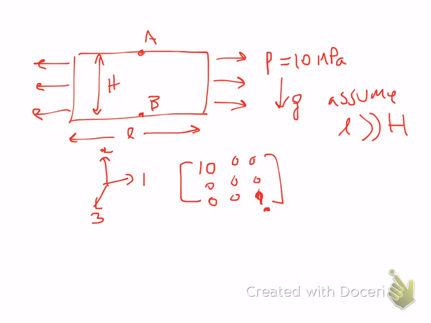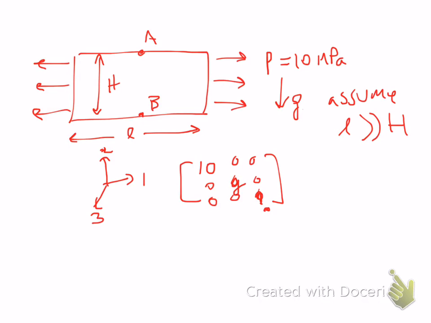So, okay, good. This is assuming there's no gravity. But I gave you gravity, so now what's the difference? There's gravity, so it's happening on the 2-2. Can we call it just G for gravity?